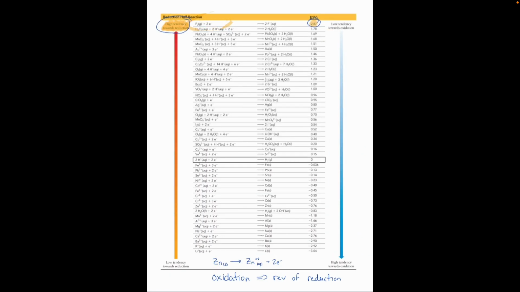So the best battery that you can have, the battery with the strongest reaction, will have a reduction reaction from the top of this list and an oxidation reaction from the bottom of this list. That's going to be the best battery that you can get. Because at the bottom, these reactions are the best for oxidation. And at the top, these reactions are the best for reduction.